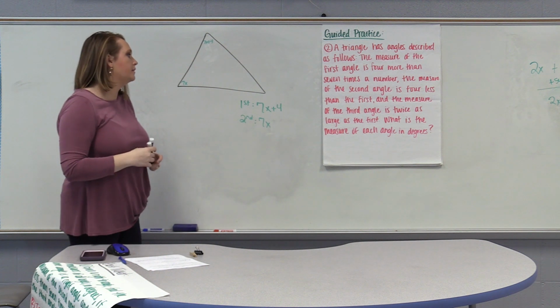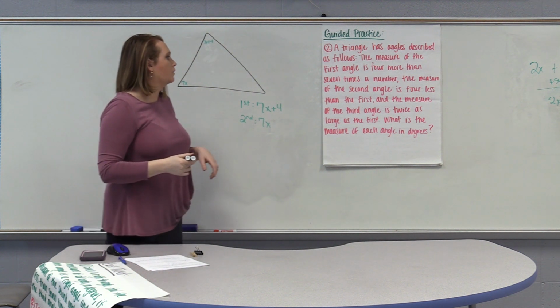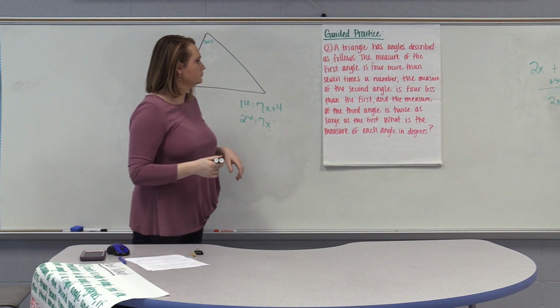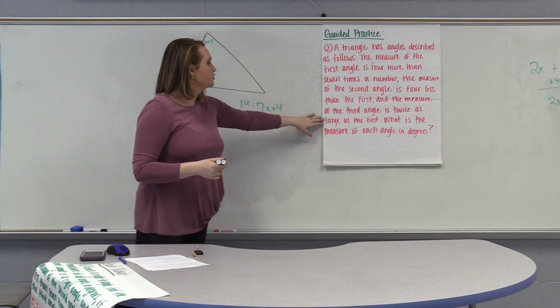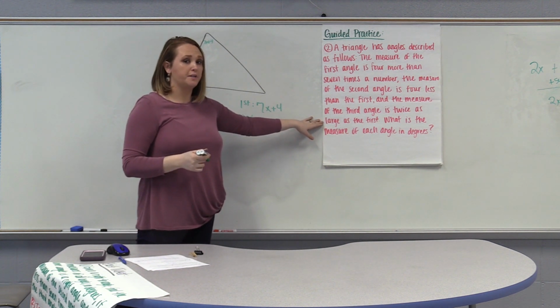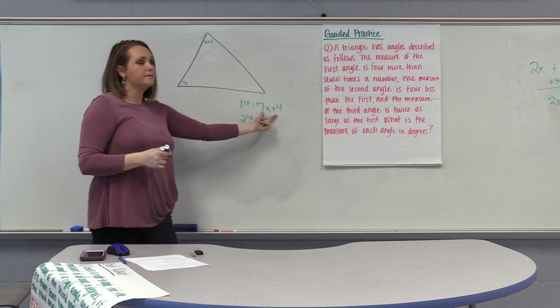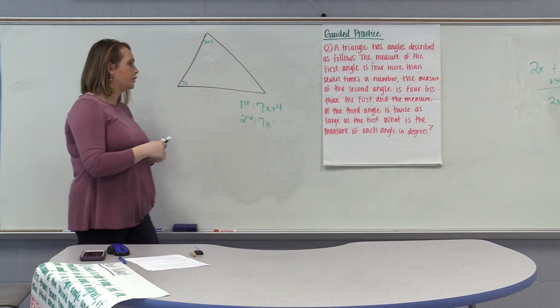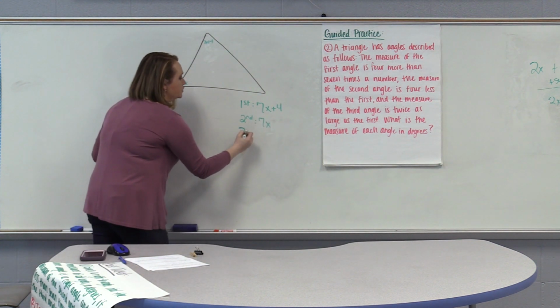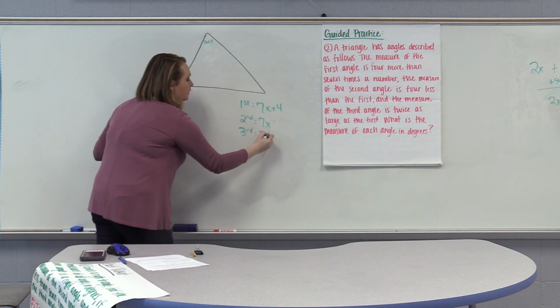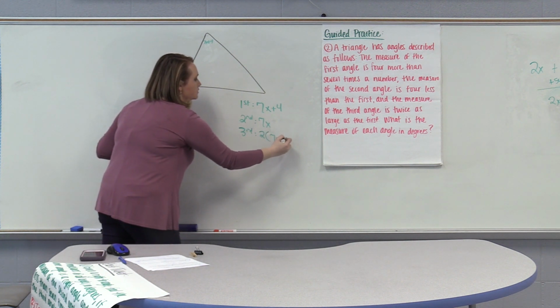Finally, it says the third angle is twice as large as the first angle. So I'm going to take this expression that represents the first angle and I'm going to multiply it by 2.